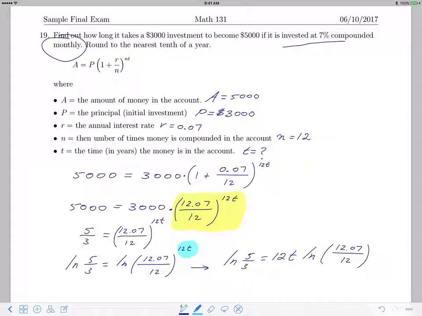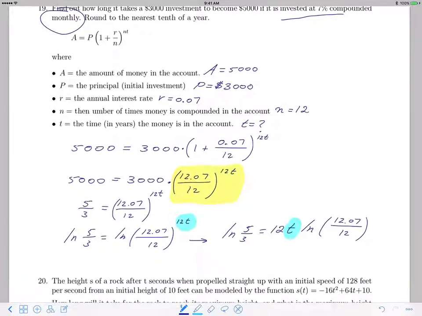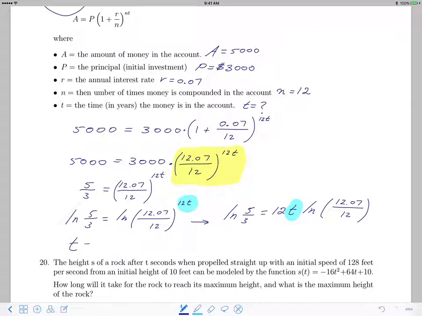Now the thing we want to isolate is the variable, which is t. So to get t by itself, we're going to divide both sides. So ln 5 over 3 is going to be divided by 12 ln of (1 plus 0.07 over 12).